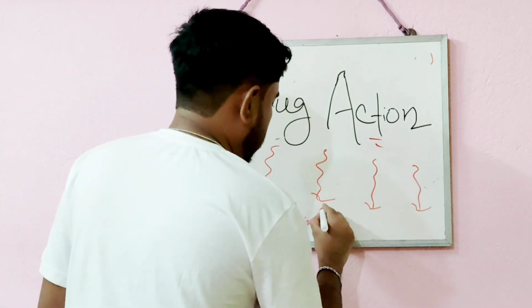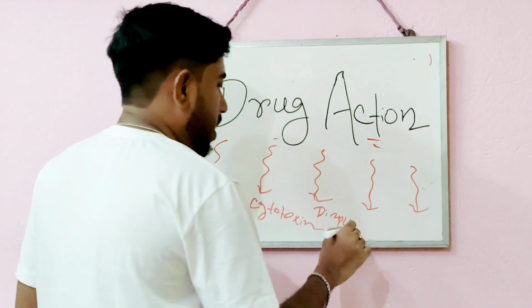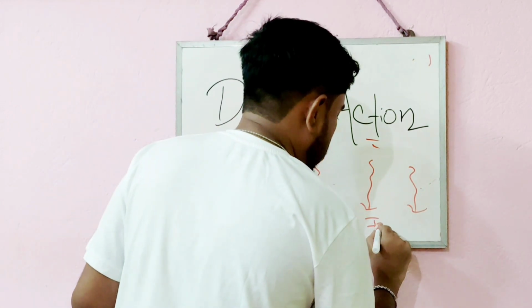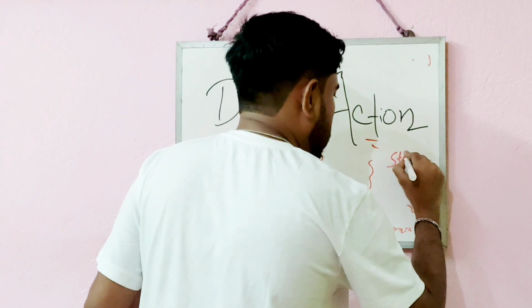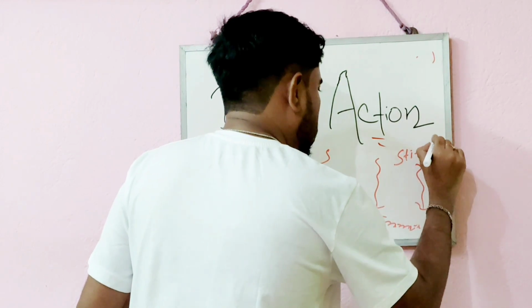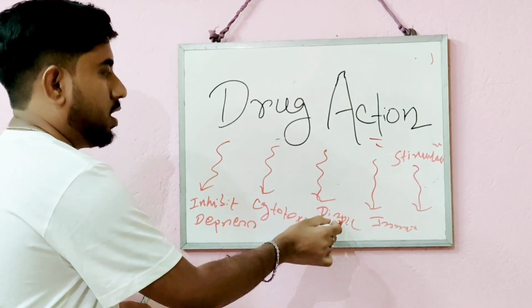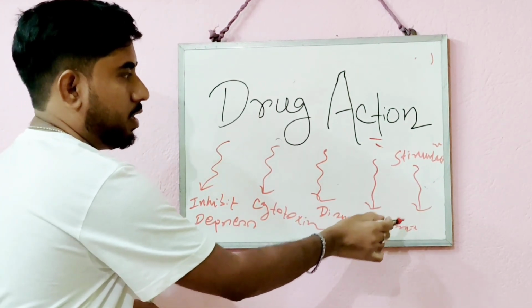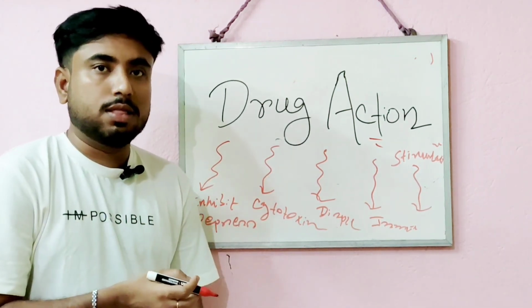It can be displacement. It can be irritation, or it can be stimulation. So all those five, that is depression, cytotoxicity, displacement, irritation and stimulation, are results of drug action.